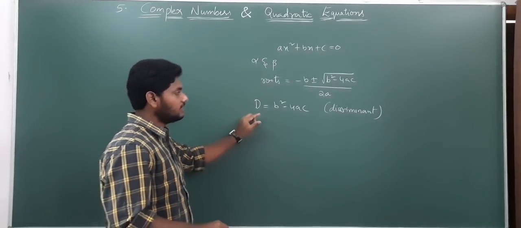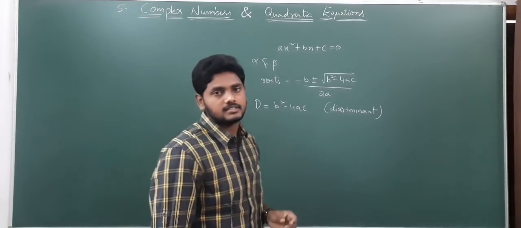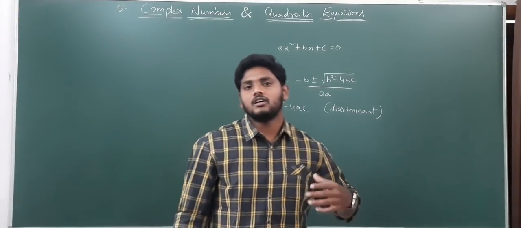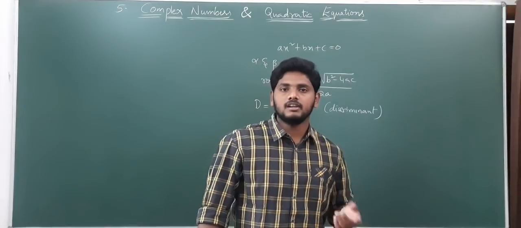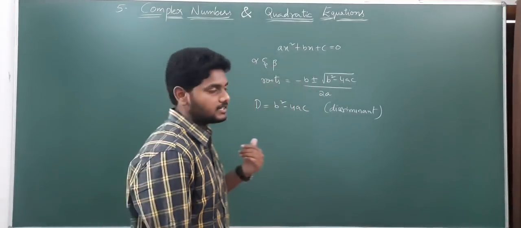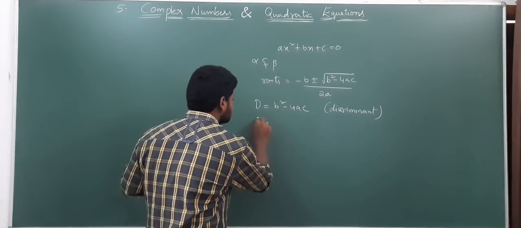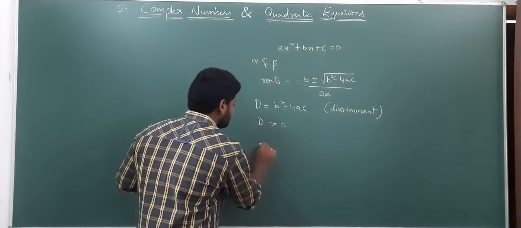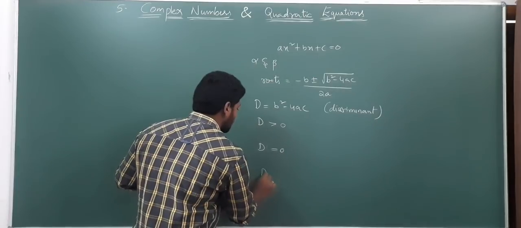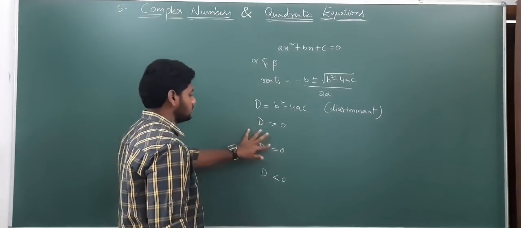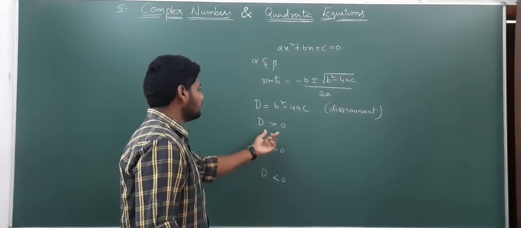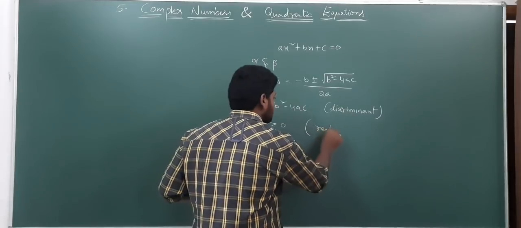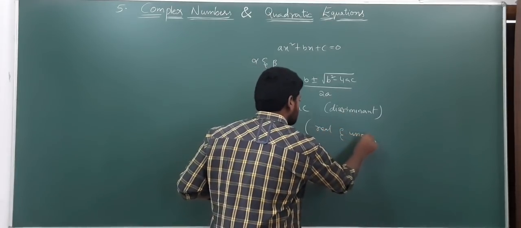Based on this D value, whether it is greater than 0, less than 0 or equal to 0, we consider whether the roots are real or imaginary, and equal or unequal. Whenever we get D greater than 0, the roots are real and unequal.